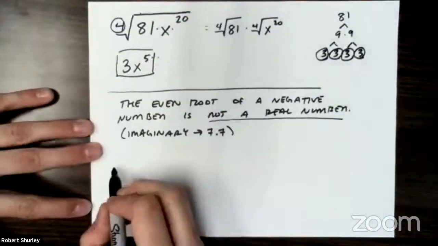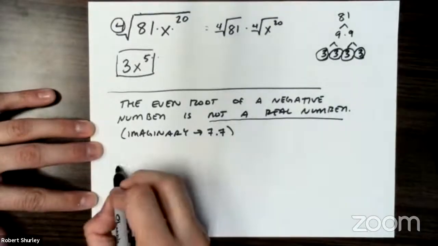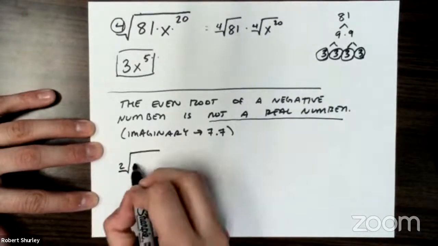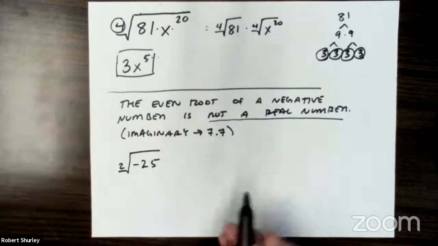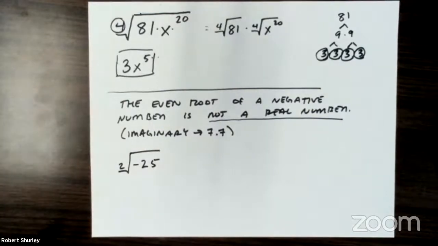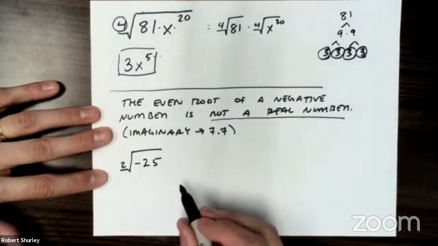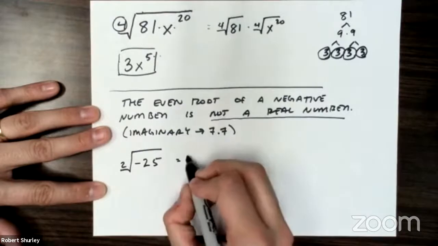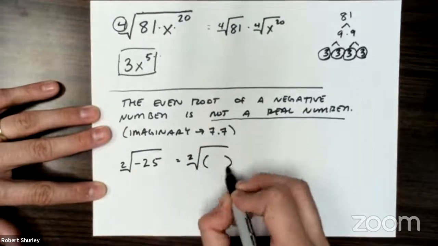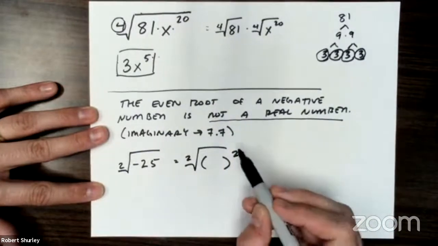Let's say we wanted to get an even root of a negative number that we know has a square root if it wasn't negative. Let's say the square root of negative 25. We know 25 has a square root, but remember, the goal here is to get something squared underneath.